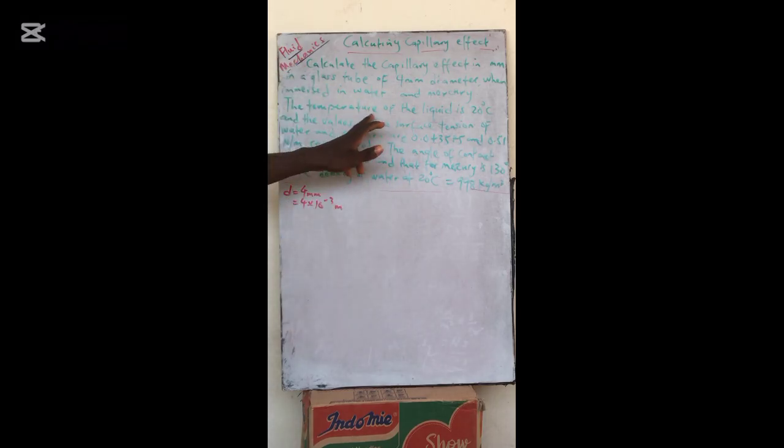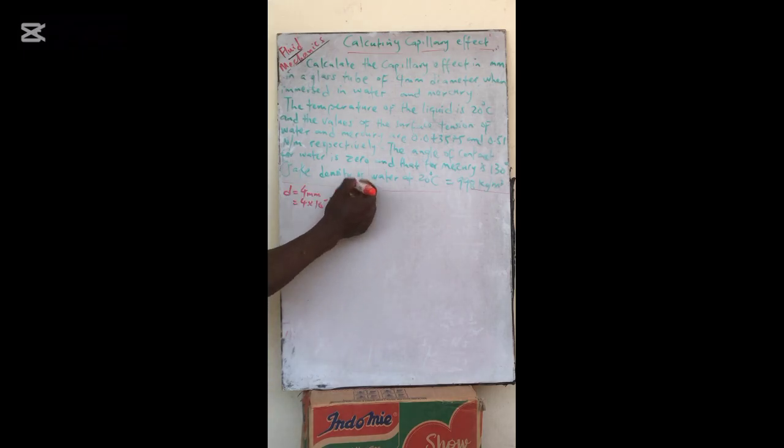So the temperature of this liquid is 20 degrees Celsius. So they are giving us the temperature as 20 degrees Celsius and the value of the surface tension of water and mercury. Here we are dealing with surface tension.